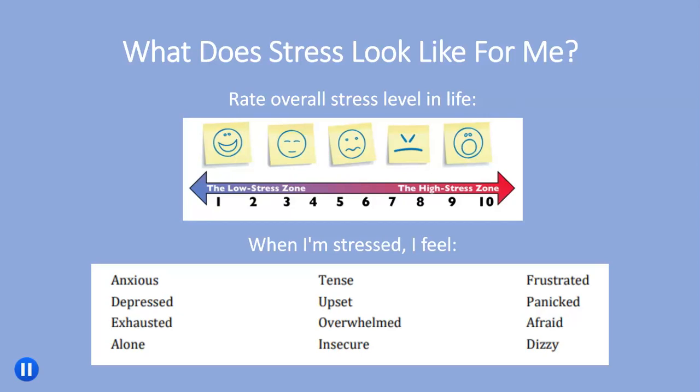We have to learn to identify the emotions we feel when we're stressed. Do you relate to any of these emotions? Maybe there are other emotions that come to mind when you think about stress. Stress isn't a one-size-fits-all. It comes in all different shapes and sizes. What might be stressful for one person just isn't for another, and that's okay.